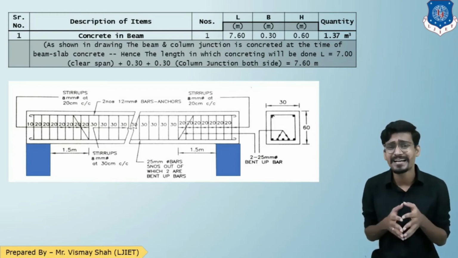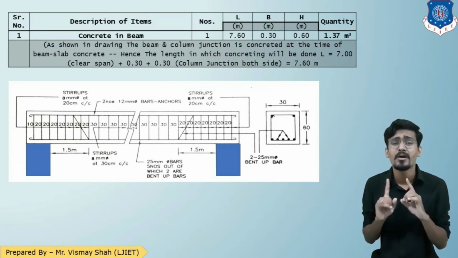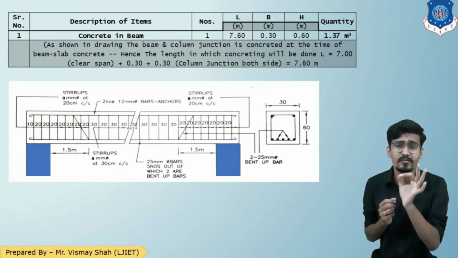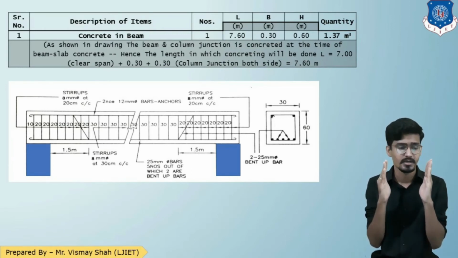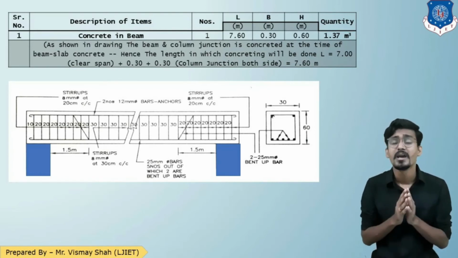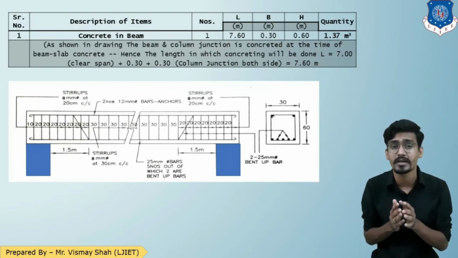So as highlighted in the drawing below, the length will be clear span plus both the column junction. Students, this is one of the important aspects of the concept, that these two column junctions, this is the beam and these two are the column junctions. So these column junctions will be concreted at the time of the beam slab concreting.